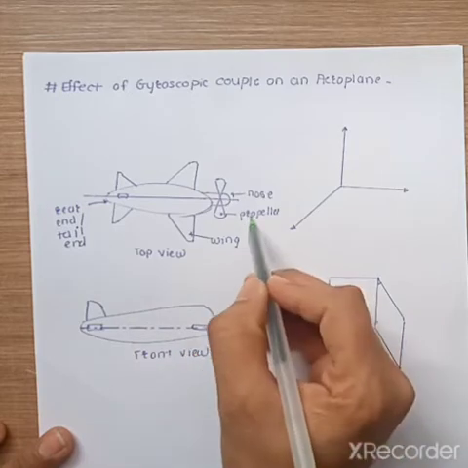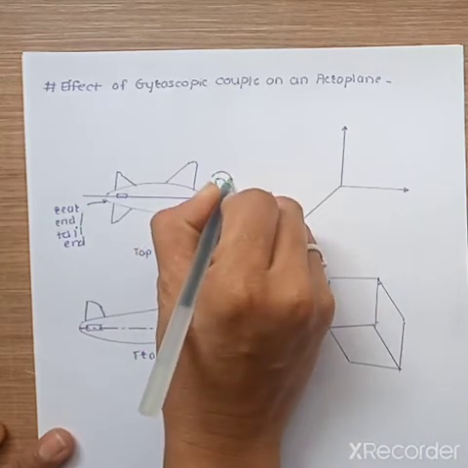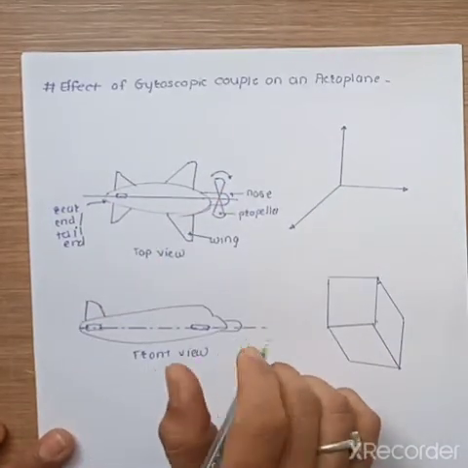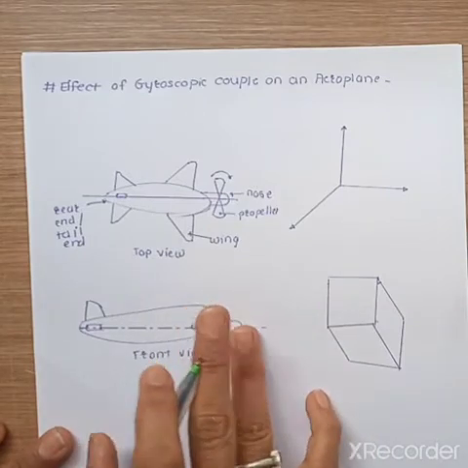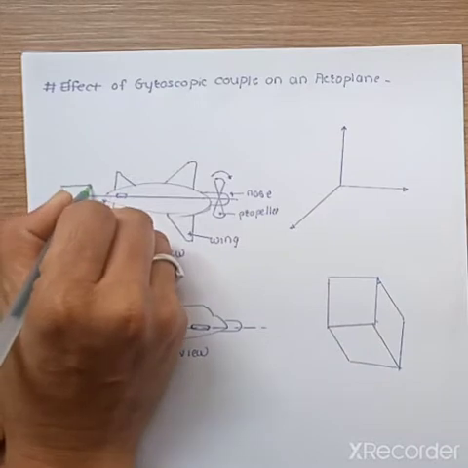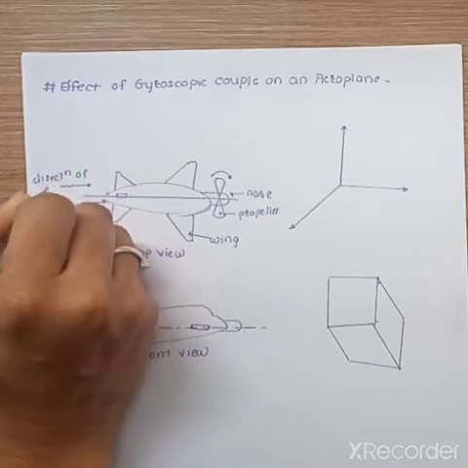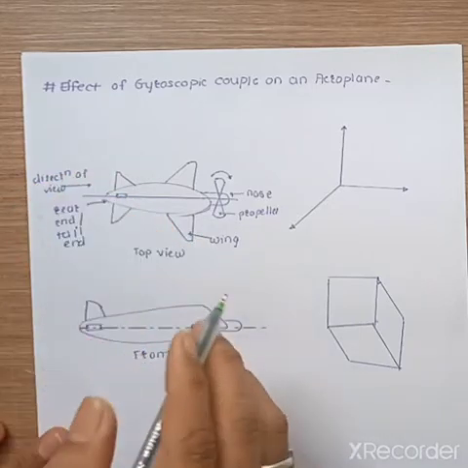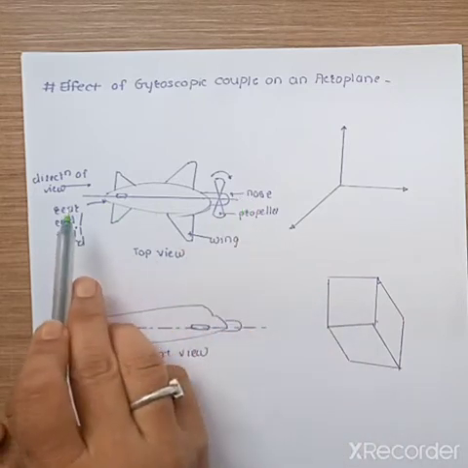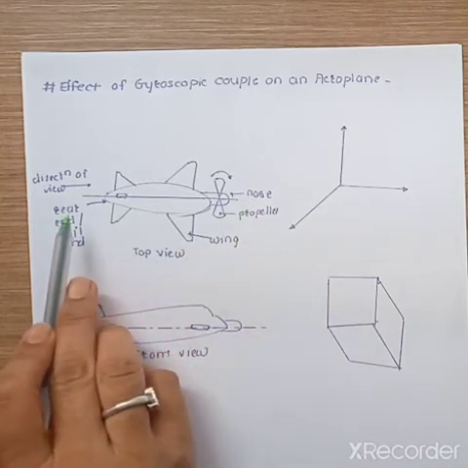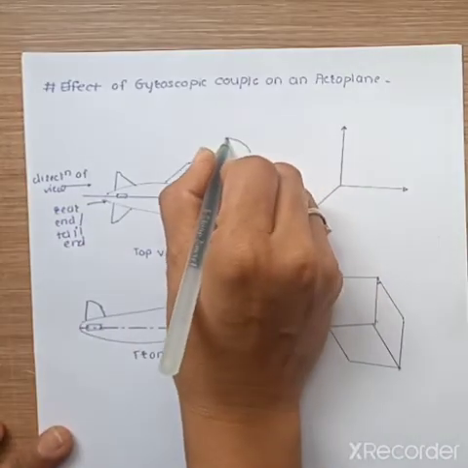Now let the propeller or the engine rotate in clockwise direction. Suppose this rotates in clockwise direction. Okay, the propeller here rotates in clockwise direction and the direction of viewing is from the rear end. Therefore, this is the direction of view. So the propeller is rotating in clockwise direction when we view it from the rear end or tail end, and suppose this aeroplane takes a left turn.